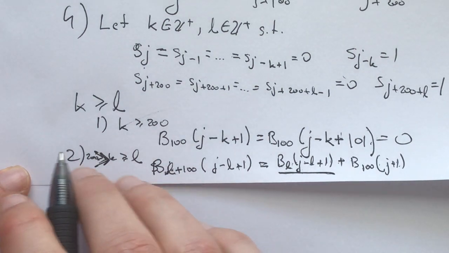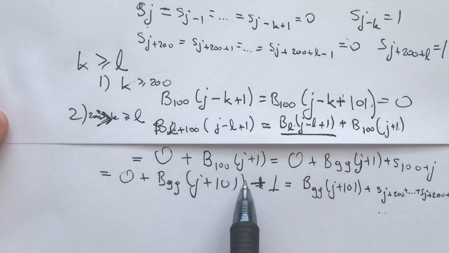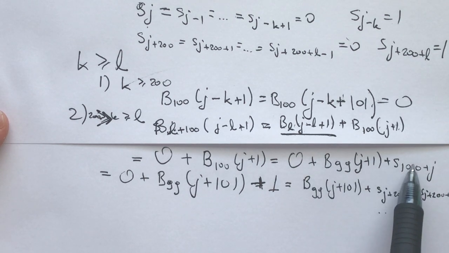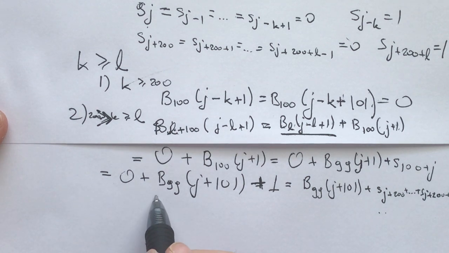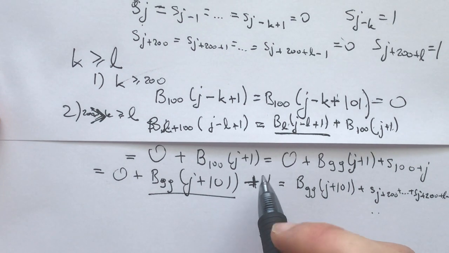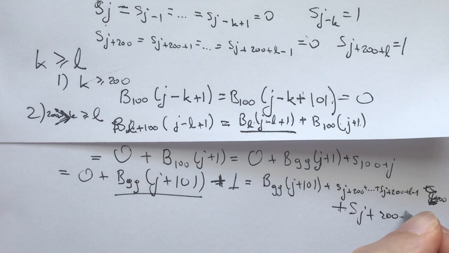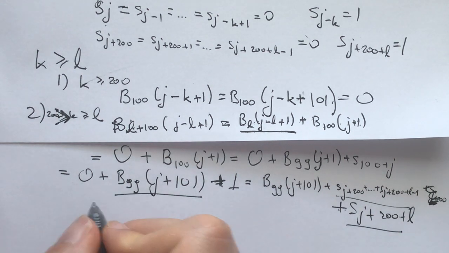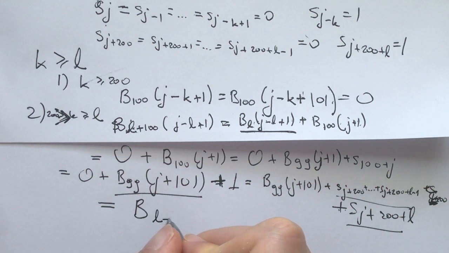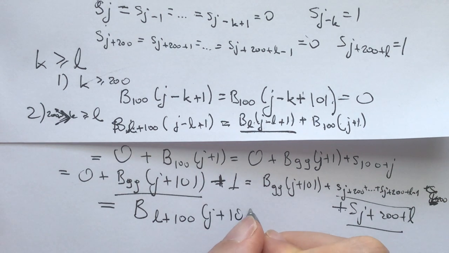This thing is equal to 0 plus B99 of j plus 1 plus S of 100 plus j, which is 0, plus B99 of j plus 101 plus 1, which is equal to this thing plus S of j plus 200 plus l. Because this is 1 and this is 0, this thing is equal to B of l plus 100 of j plus 101.